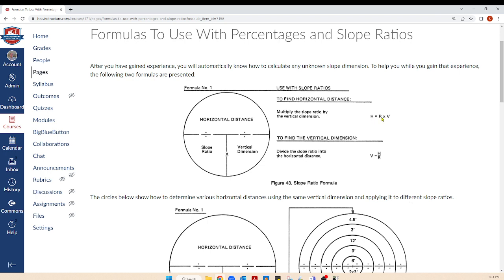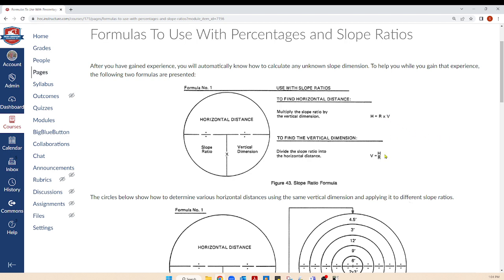The horizontal distance equals the ratio times the vertical. This is the main formula I want you to know. In finding a slope ratio, that's what we're doing right here, slope ratios, not percentage. We'll do that in a minute. The formula to find a ratio is ratio equals horizontal divided by vertical.